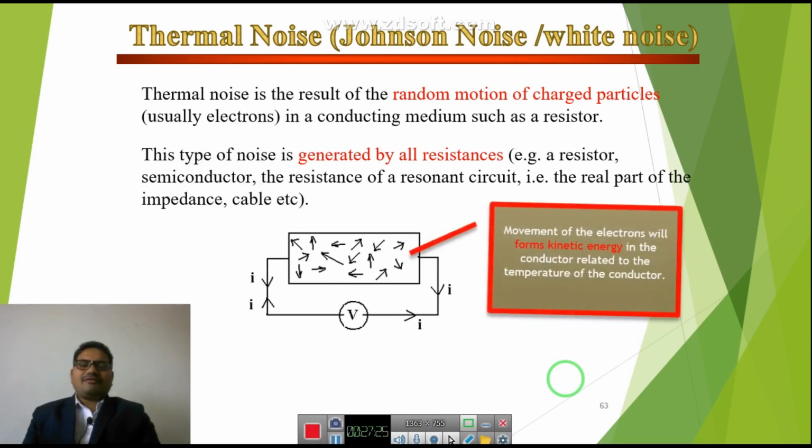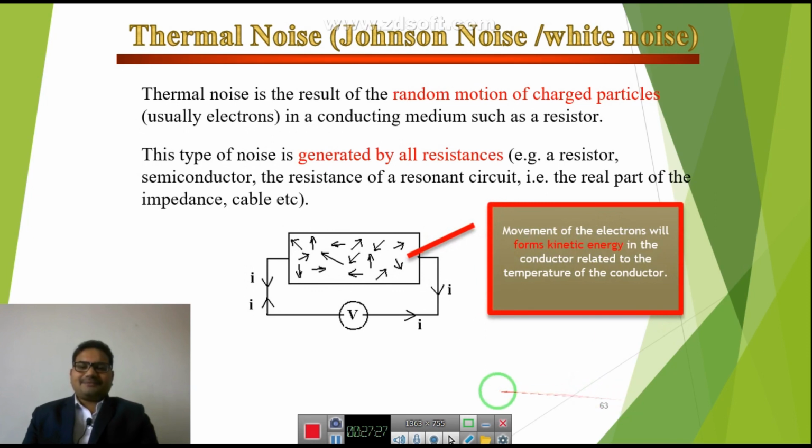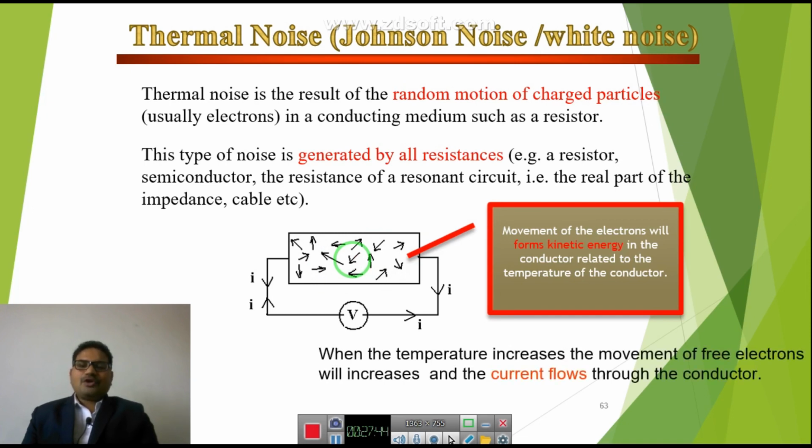As you can see from this figure, the movement of electrons forms what? A kinetic energy in the conductor related to the temperature. As the temperature increases, more movement of electrons takes place, and they gain more kinetic energy. So when the temperature increases, the movement of free electrons also increases, and the current flowing through the conductor gives what?